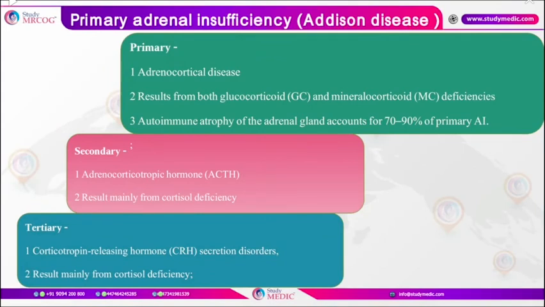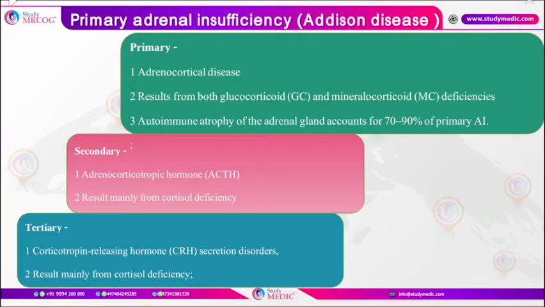Talking about adrenal insufficiency in Addison's disease, which is categorized into primary, secondary, and tertiary. Primary is nothing but an adrenocortical disease. It results from both glucocorticoid and mineralocorticoid deficiencies. It is also because of the autoimmune atrophy of the adrenal gland, which accounts for about 70 to 90% of the primary adrenal insufficiency.